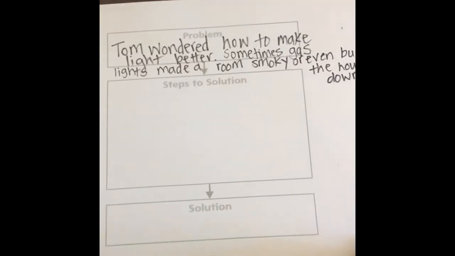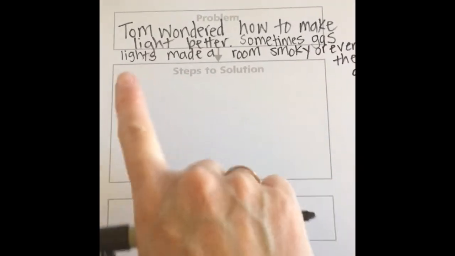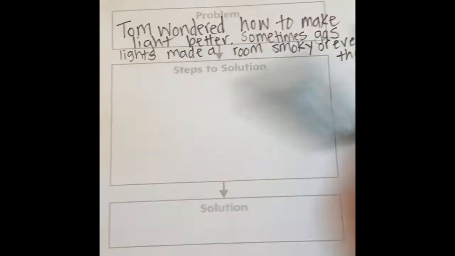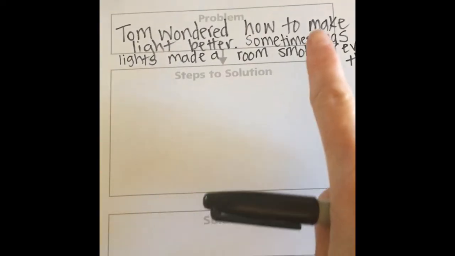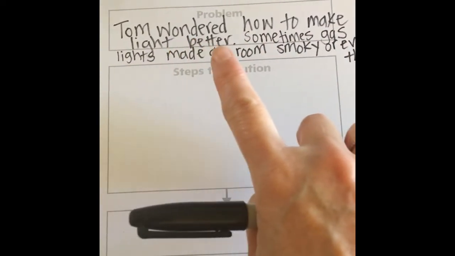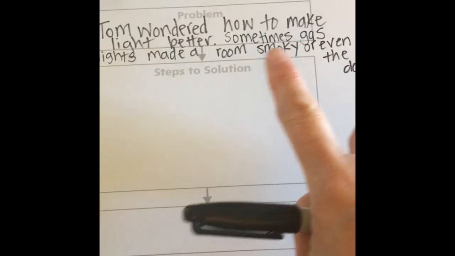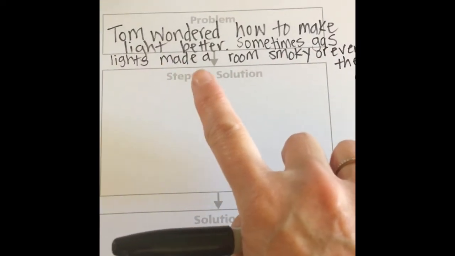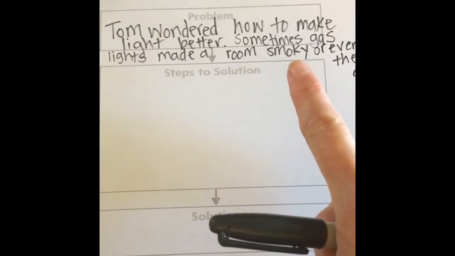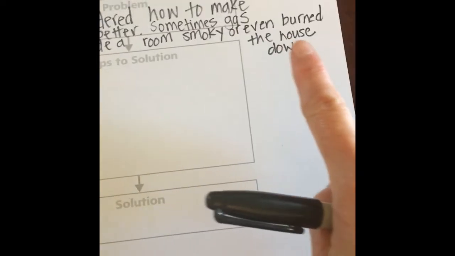Okay, here's the problem Tom had. Tom wondered how to make light better. Sometimes gas lights made a room smoky or even burned the house down.